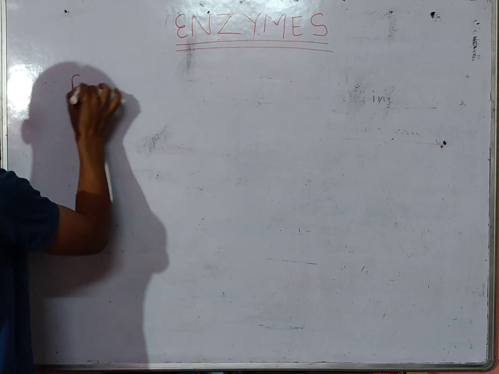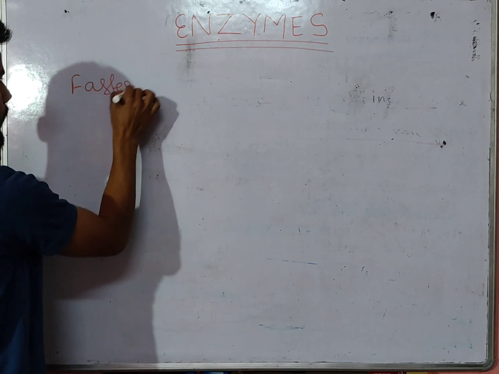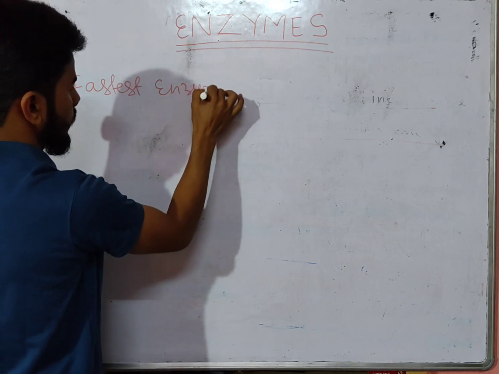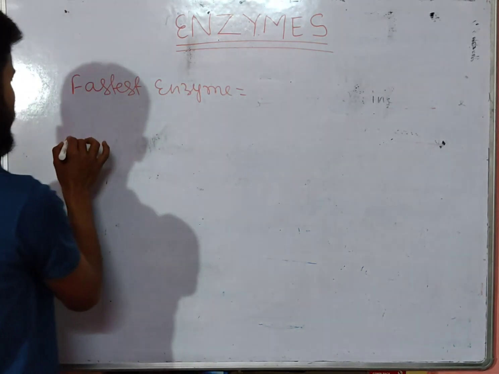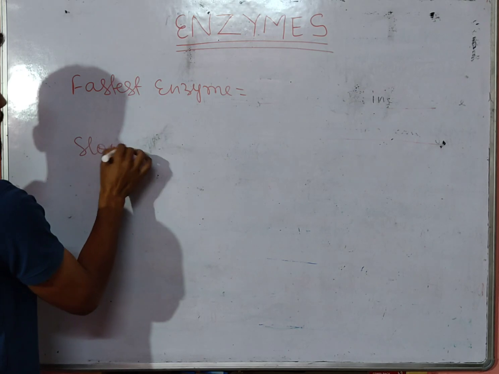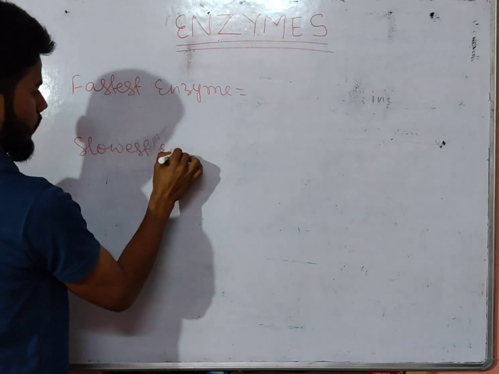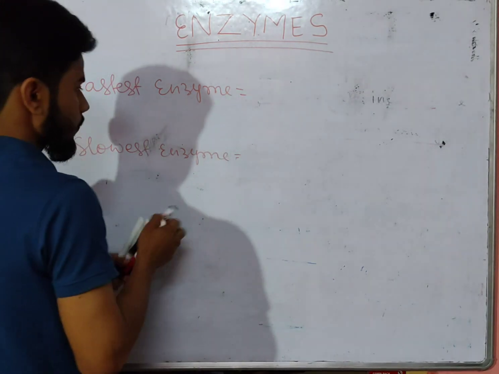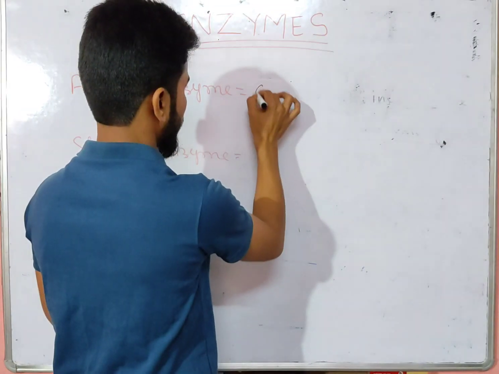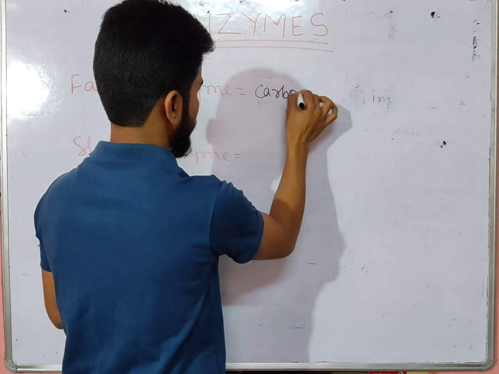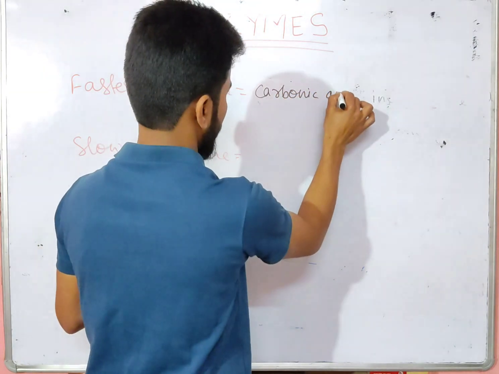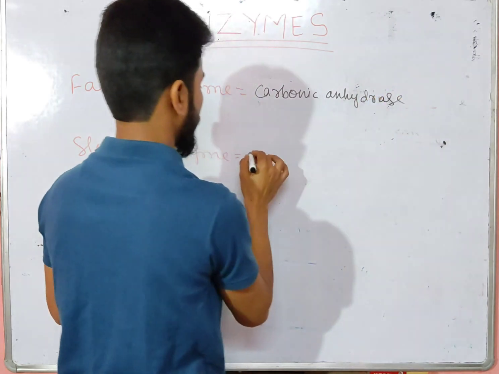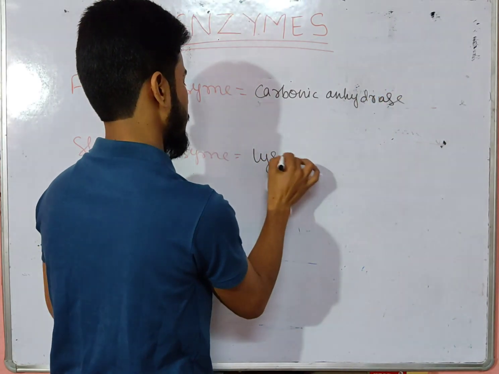So the fastest enzyme is carbonic anhydrase, and the slowest is lysozyme.